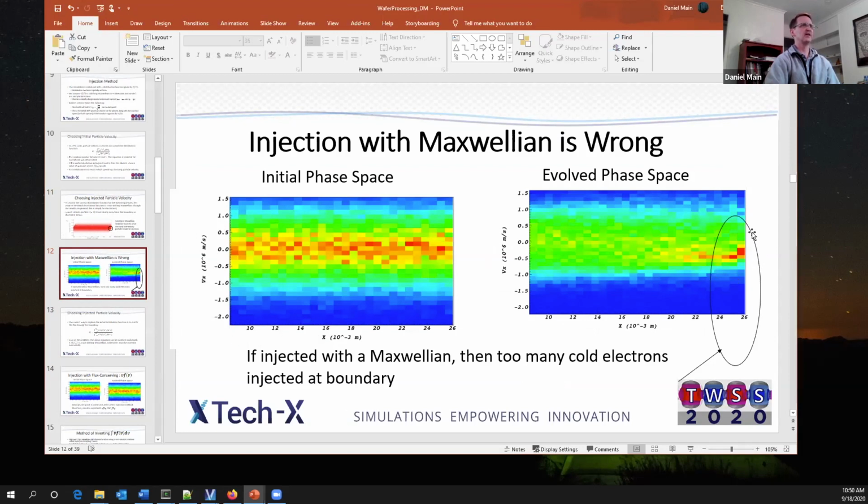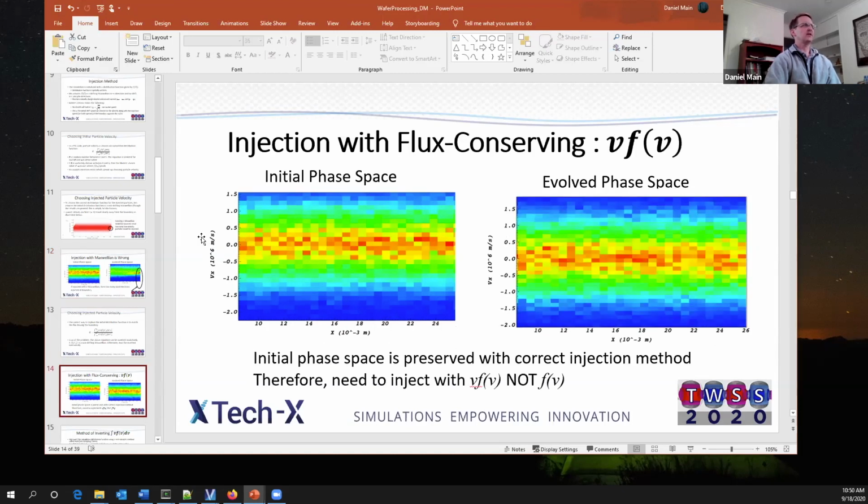If I inject with the Maxwellian, I'm getting too many cold particles injected. But if I inject with V times F of V, this is the initial phase space, and this is phase space at some later time, then I'm getting the correct injection. You don't see an over-injection of the cold particles.